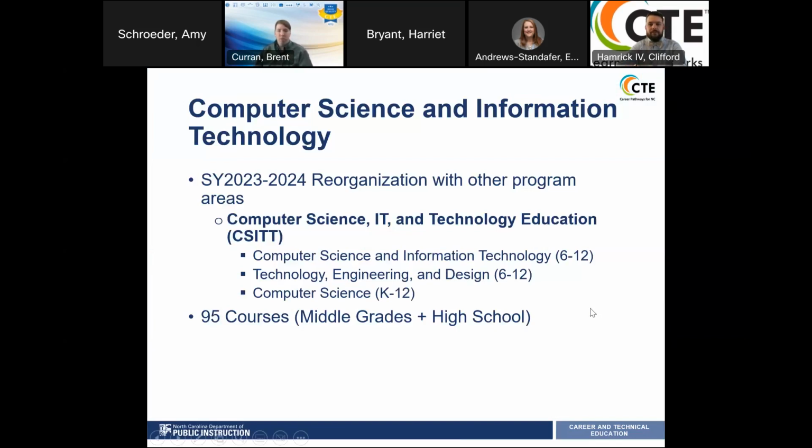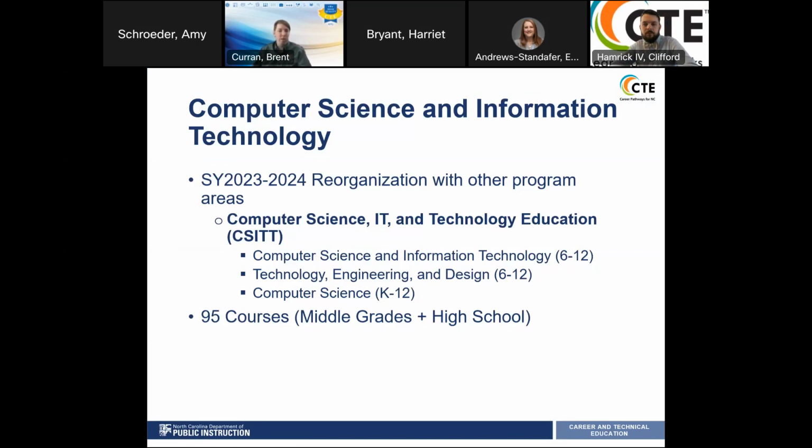So we are computer science and information technology, and we are currently going through a reorganization with some other program areas within CTE, and we're taking over a program area from academics. Starting next school year, you'll see branding coming out as computer science, IT, and technology education.